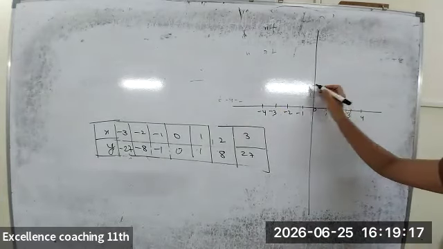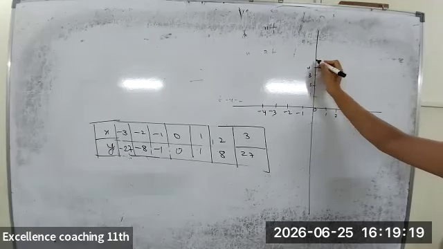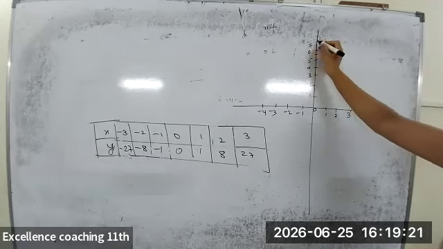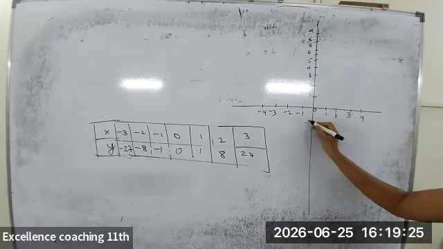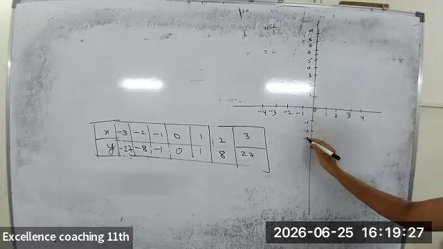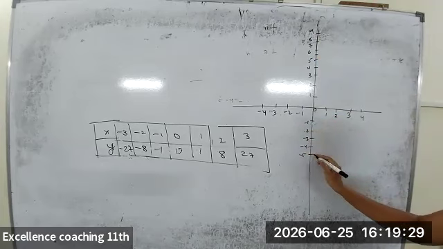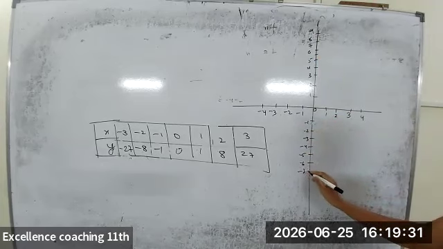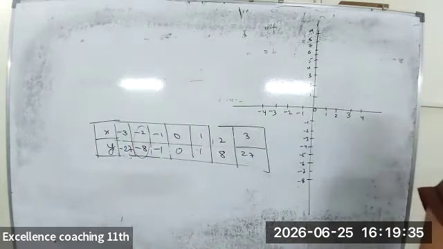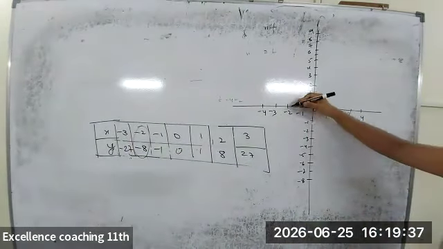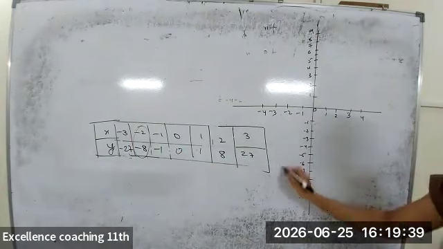Don't join, wait. But this one I'm plotting: -2 comma -8. So -2 comma -8 will be here.